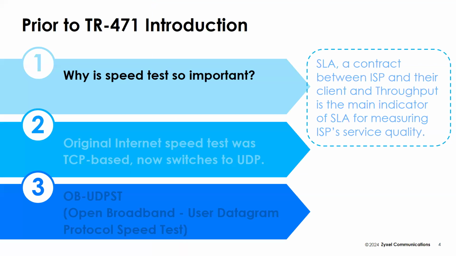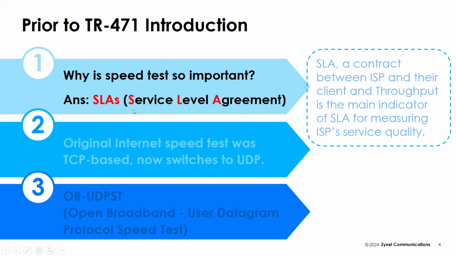Before starting, let's discuss why the speed test is important for ISP devices. The reason why measuring throughput is such a popular topic is that consumers and regulatory bodies are asking ISPs to deliver on SLAs.